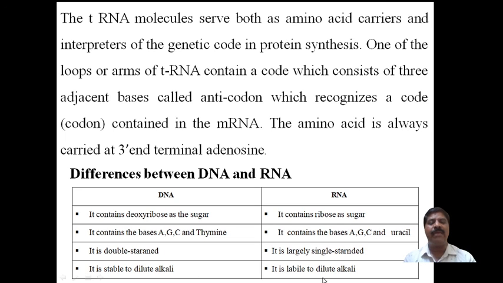RNA is labile; it is not stable to dilute alkali. Means that in an alkaline solution DNA is stable, but RNA is not. These are the differences between DNA and RNA.